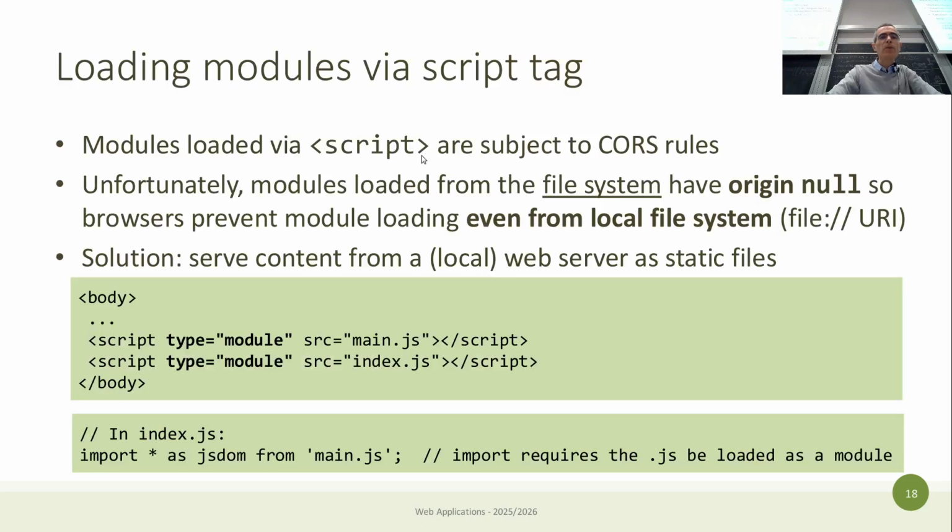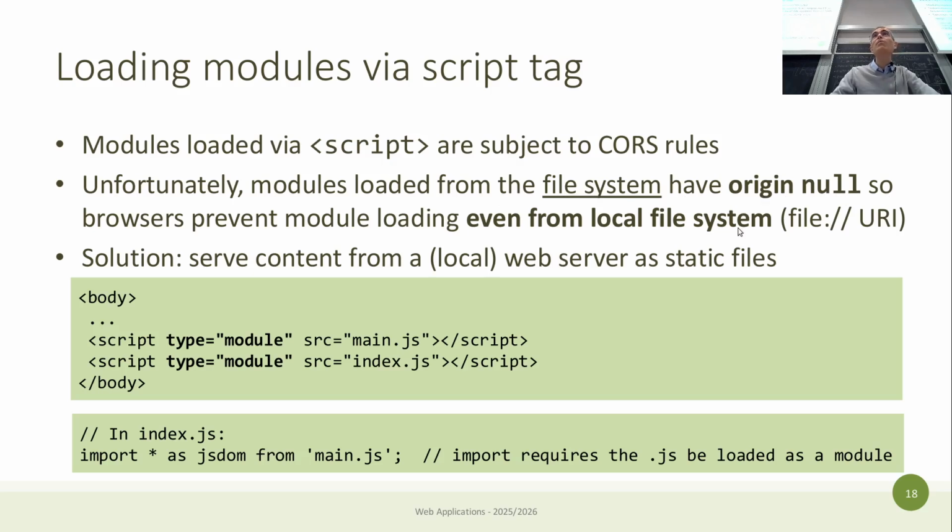Last comment I want to make. If you load some code with the script tag as a module, that means with type module, we didn't see examples because it's difficult in the sense that you need a web server to run these examples. The point is that if you load these scripts with type module from the file system, they all have a null origin.